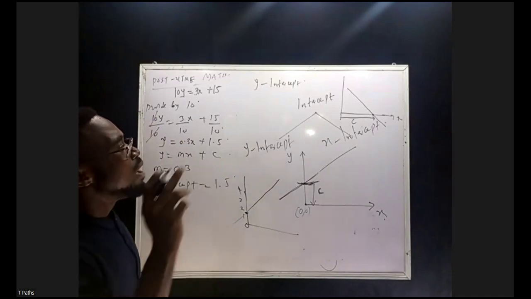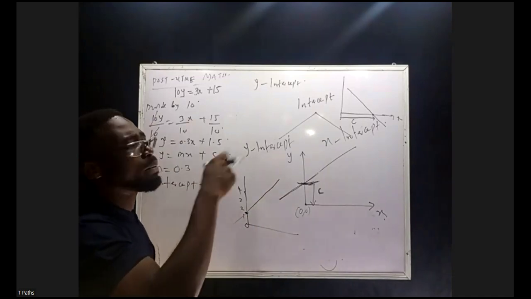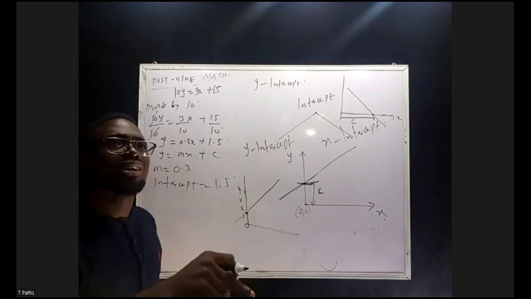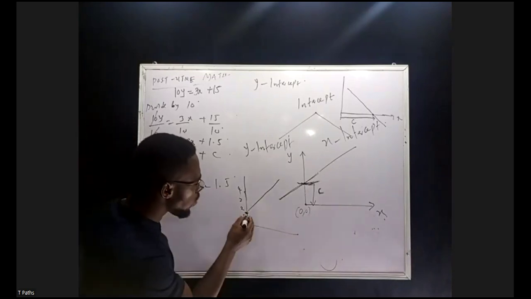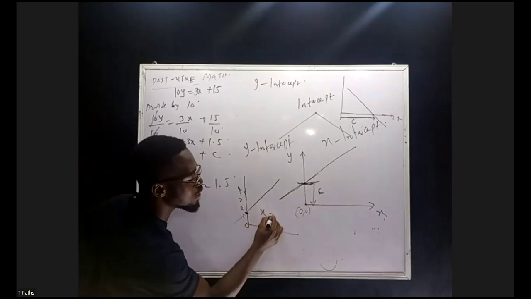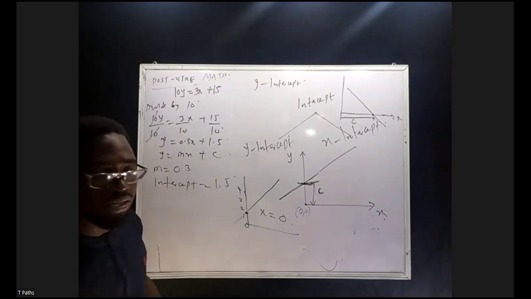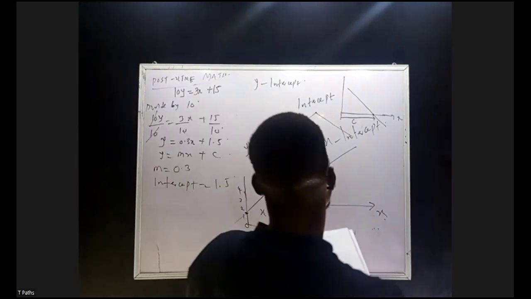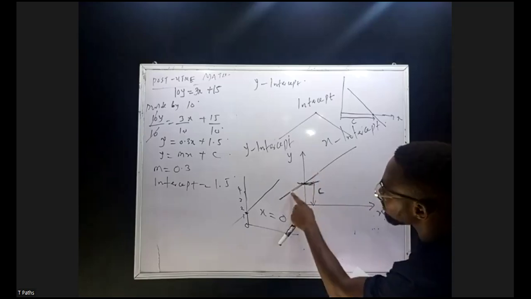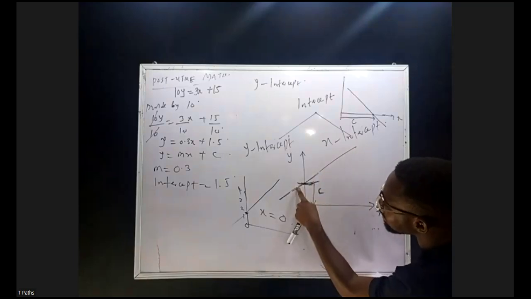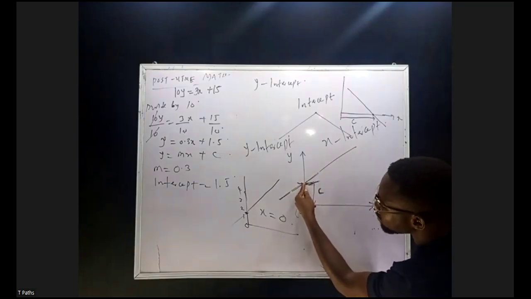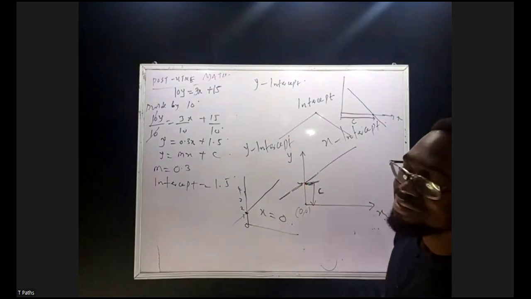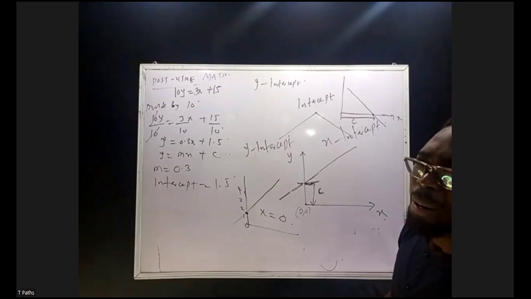Am I making sense? But what is unique about y-intercept? At y-intercept, when the line cuts the y-axis, what is our x value? Our x value is 0. If you agree with me, say yes. Am I making sense?